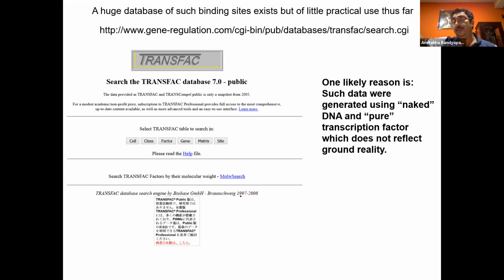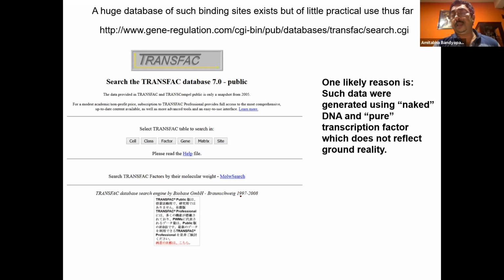Therefore, I am assuming that they have not worked in most of the cases. Okay, I am not sure if that is the case. Maybe no one ever wanted to use the TRANSFAC database, so there is no literature. But that is unlikely. If it was used and no information could be gathered from it, then it will not be reported in the literature.